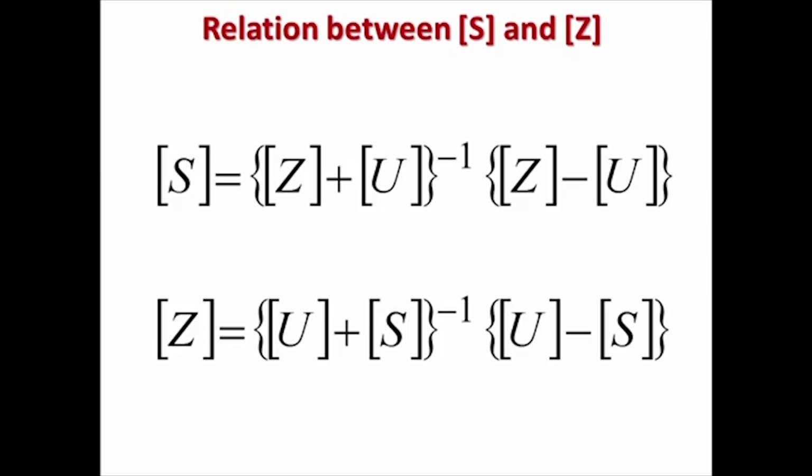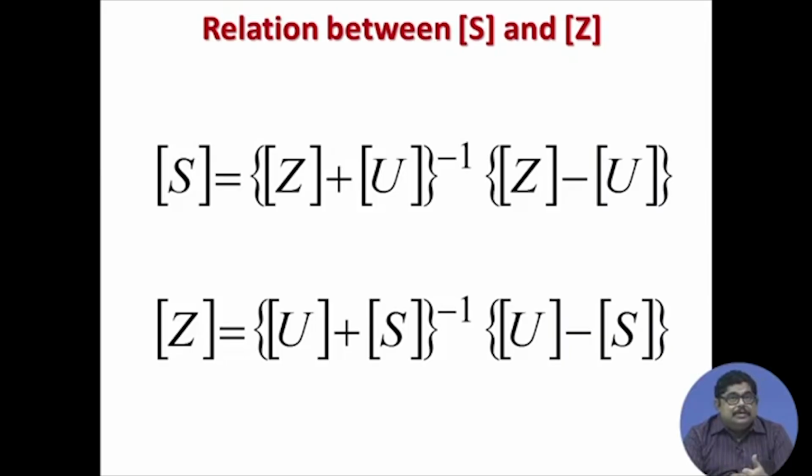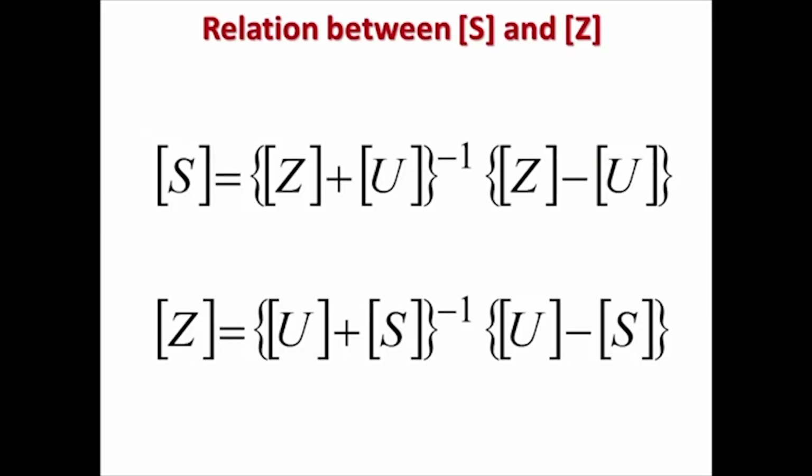On the other hand, we have said that the second equation is, if you know the S parameter, you can find Z. Now, for microwave networks, this is helpful, because in microwave networks it is easier to find the reflected, transmitted and incident waves.